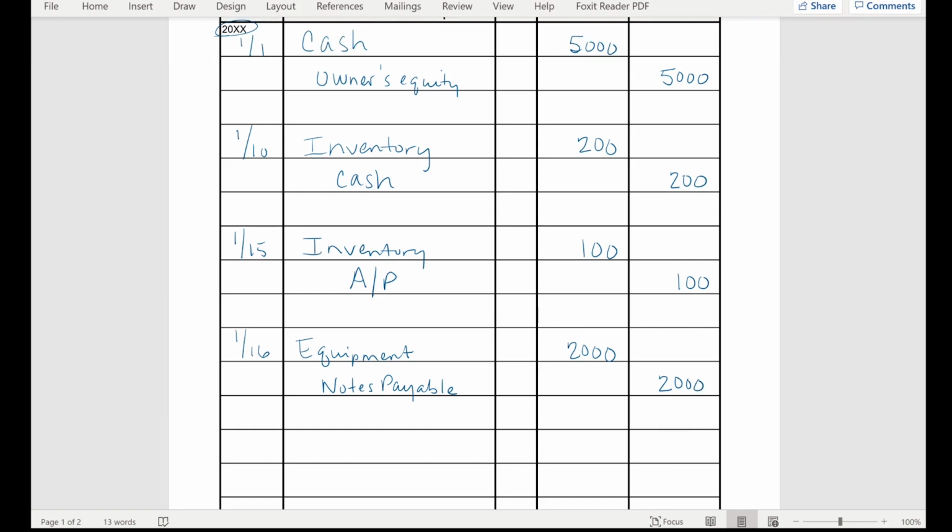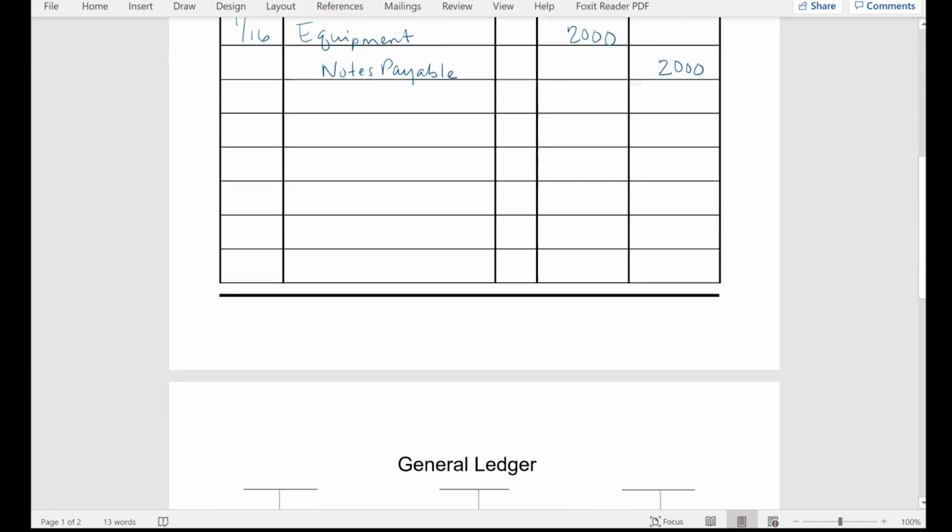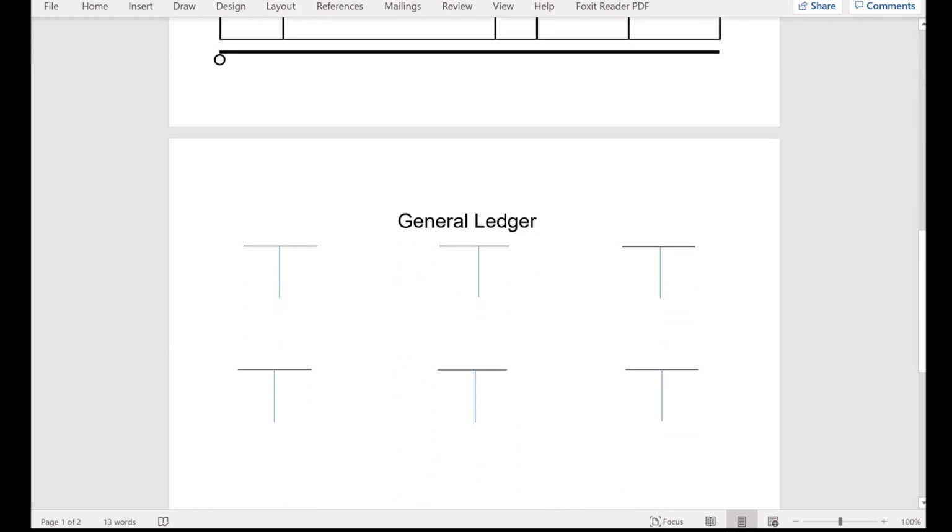Now let's take a look and see how these journal entries transfer over to the general ledger. I'm going to go ahead and label the accounts. The first account's the cash account. I'm just going to use the simplified numbers. So 1,000 for the cash account, 1,200 for the inventory account, 1,500 for the equipment account, then the next account is accounts payable, and I'm going to use the 2,000 because the liabilities start with 2.